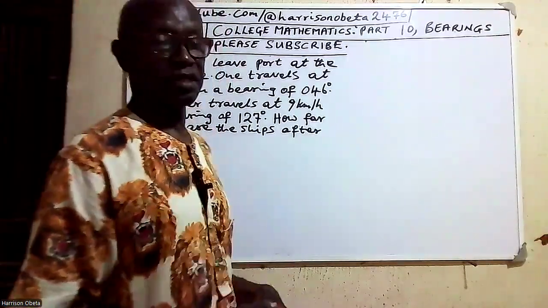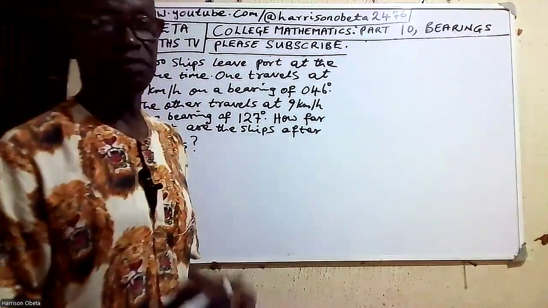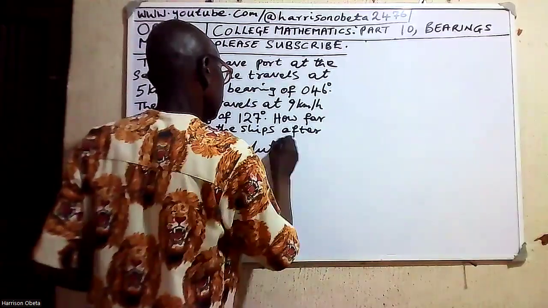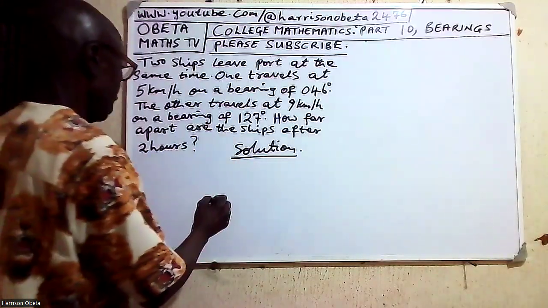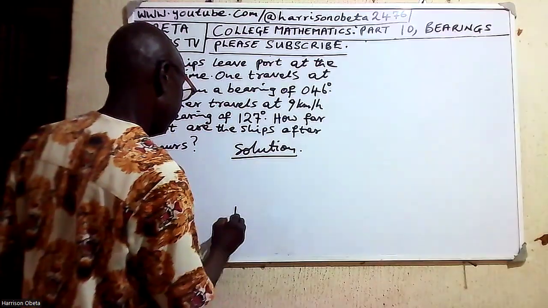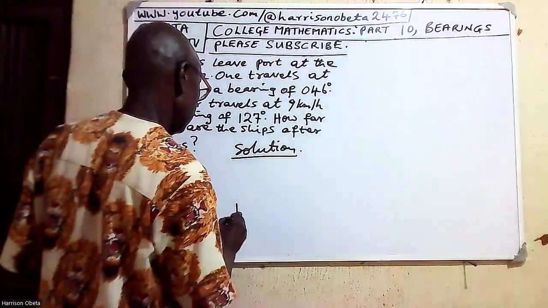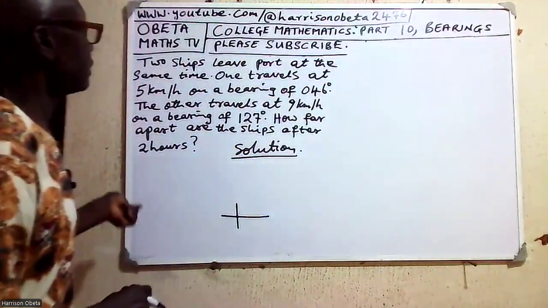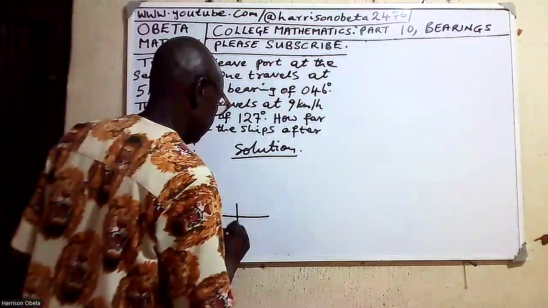As usual, we start by indicating the positions, and then after the diagram, we start solving. Solution. Okay. Let's take that the ships started from here. Going back to the question, one travels on a bearing of 046.